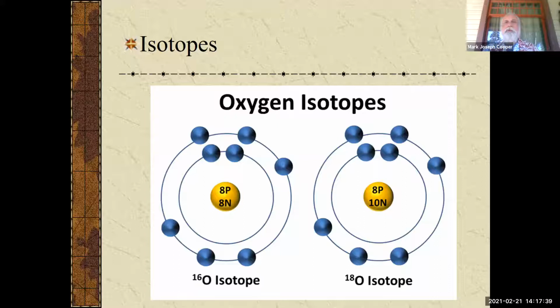Okay, so again, let's just repeat. The atomic number is the number of protons, and typically the number of electrons if it's neutral. And then the mass number is the number of protons plus the number of neutrons.